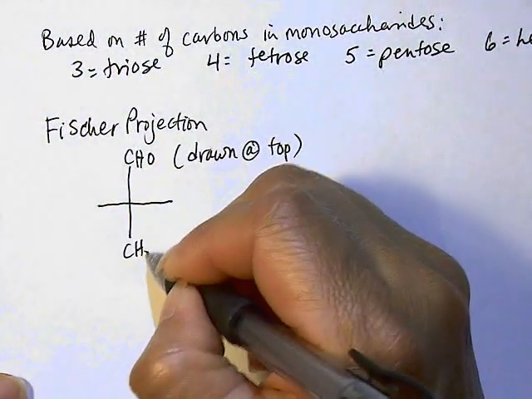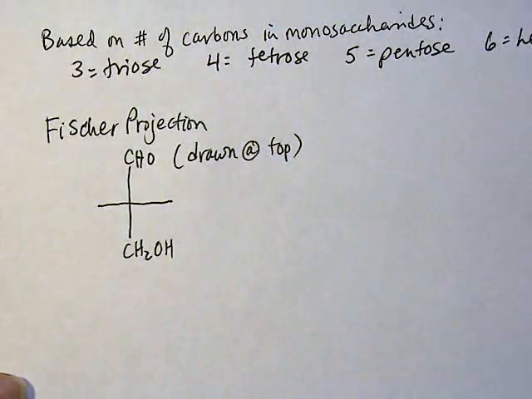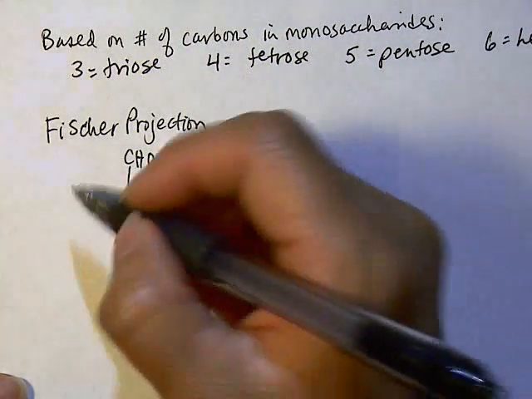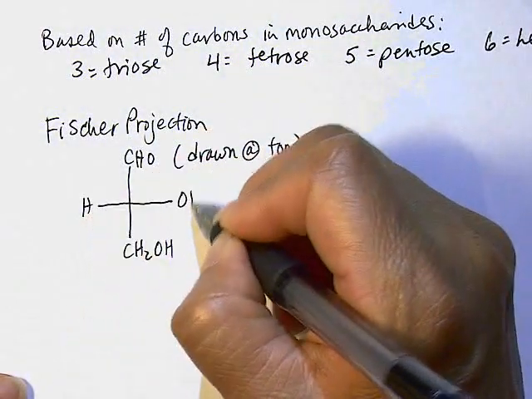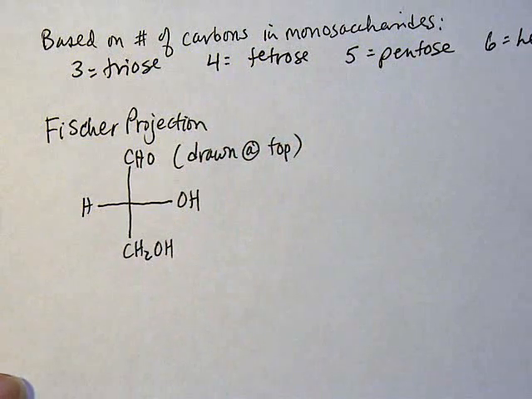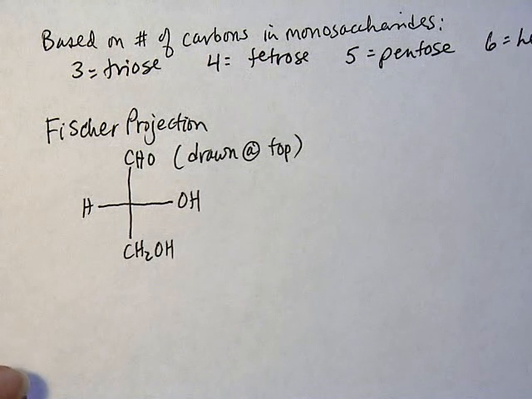And then at the bottom is the CH2OH, and then you'll see that the sugars have a lot of hydroxy groups, and you'll have them either on the left or right.